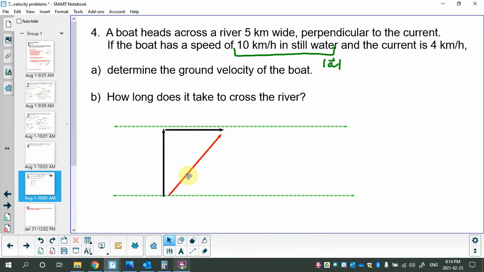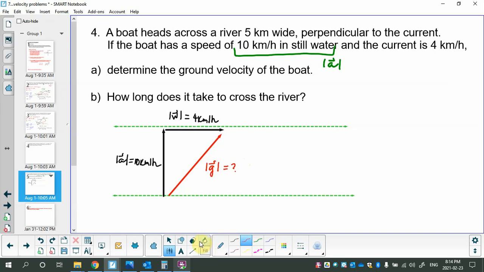So let's put some numbers on here. This is 10 kilometers per hour. The current, which is kind of the equivalent of wind speed, is 4 kilometers per hour. I am looking for the result, which is the equivalent of ground speed.